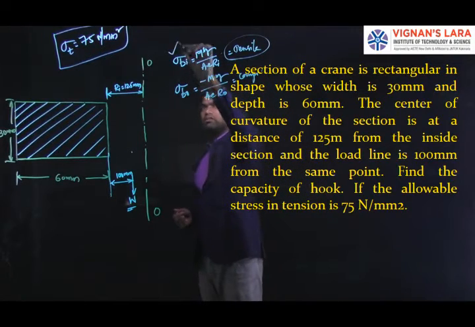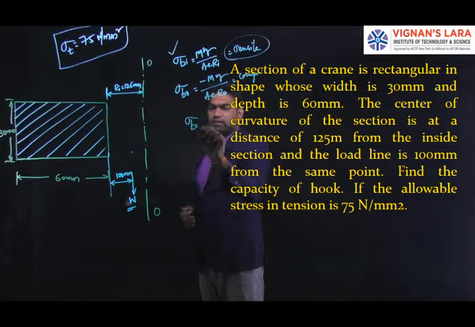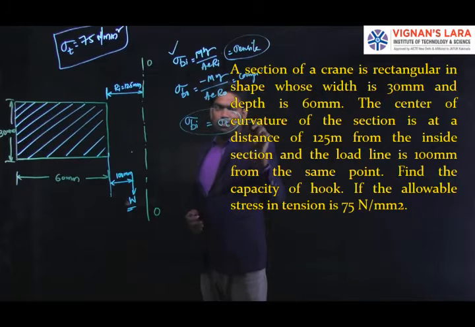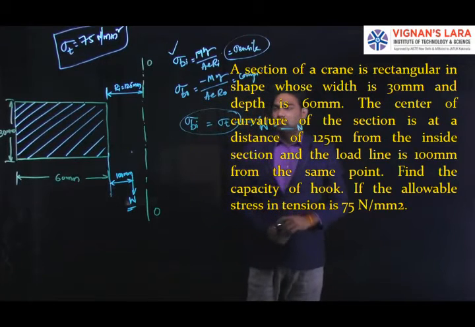We can find the stress at the inner fibers, sigma bi, and equate it to the permissible tensile stress sigma t. From that we can find the load carrying capacity W in newtons. Clear?